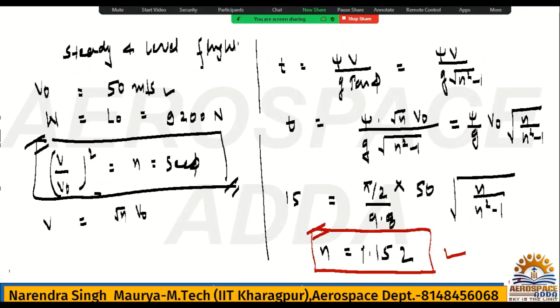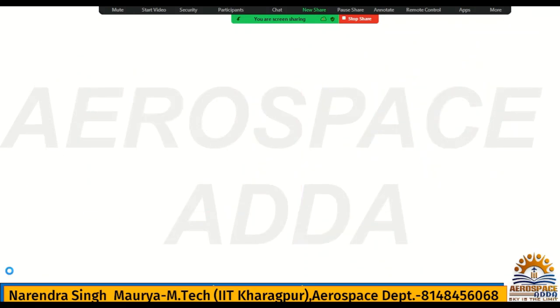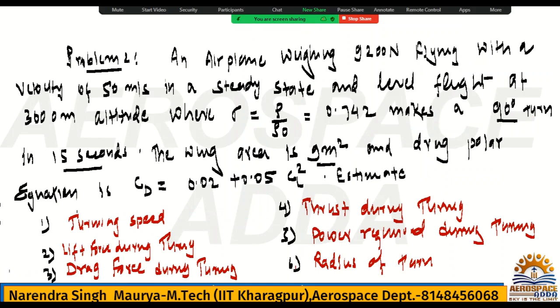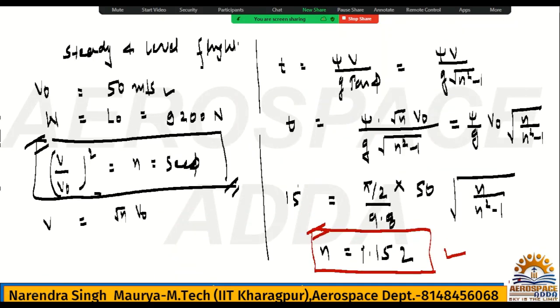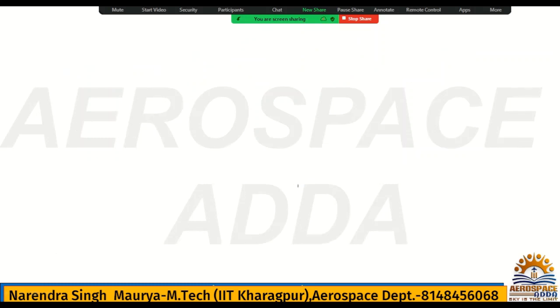Third one is, I think, drag. For the drag, CD you need to know, and for CD you need to know CL. CL is a constant value, so you need to calculate it. How can you calculate? You know, for the steady level flight, L naught is equal to W is equal to half rho V square S into CL.